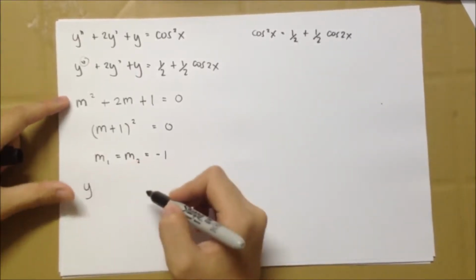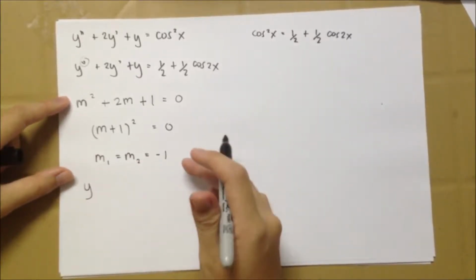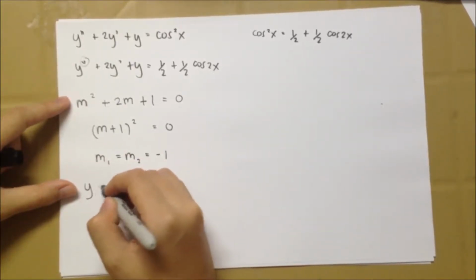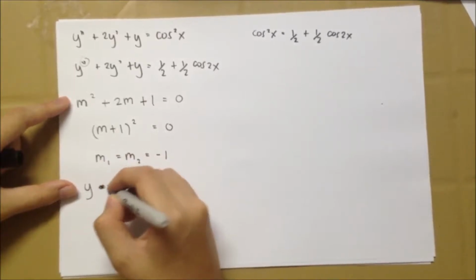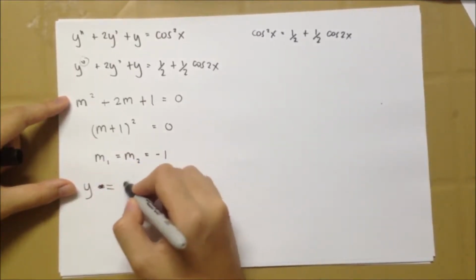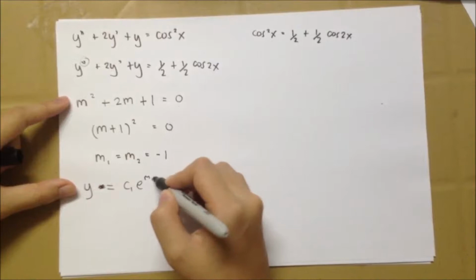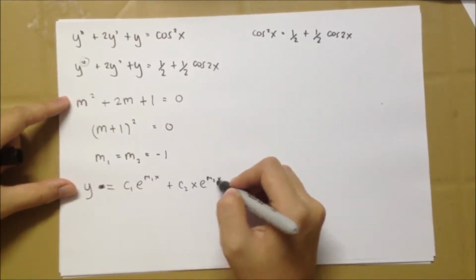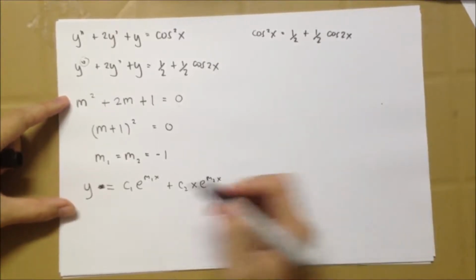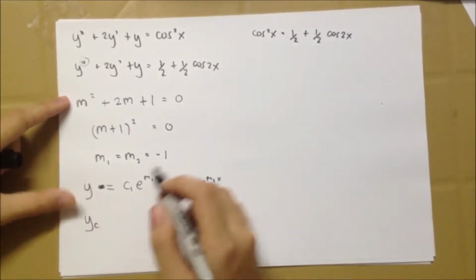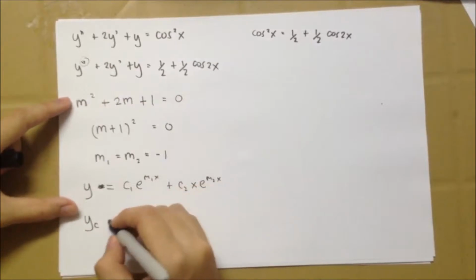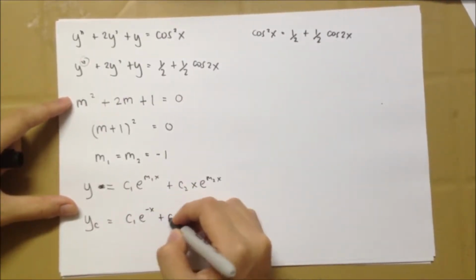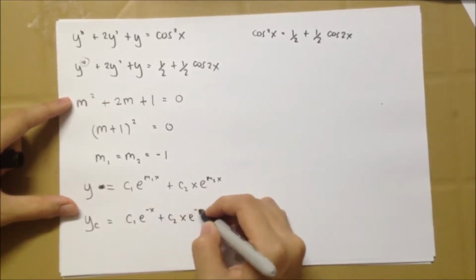If your solution has the same value for your m1 and m2, then this takes the form c1 e to the m1 x plus c2 x e to the m2 x, where our m1 and m2 are equal. So our solution yc for this homogeneous equation is just equal to c1 e to the negative x plus c2 x e to the negative x.